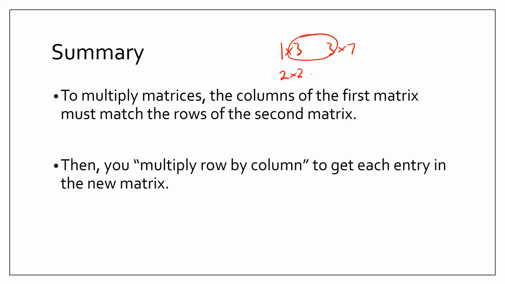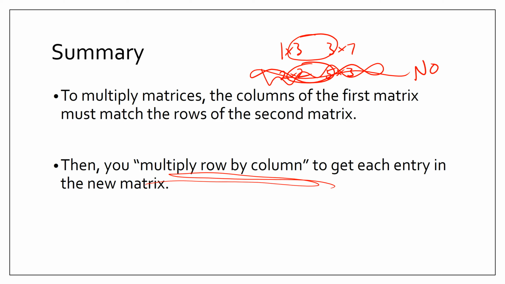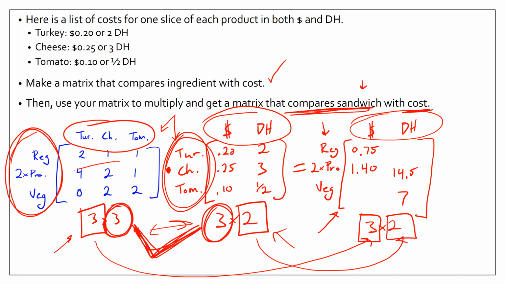If I had a 2 by 2 and then a 5 by 3, they don't match. They're not going to have the same labels. Not able to multiply. Then I multiply row by column to get each entry in the new matrix. Remember what that looked like. I took a row times a column to get that result.